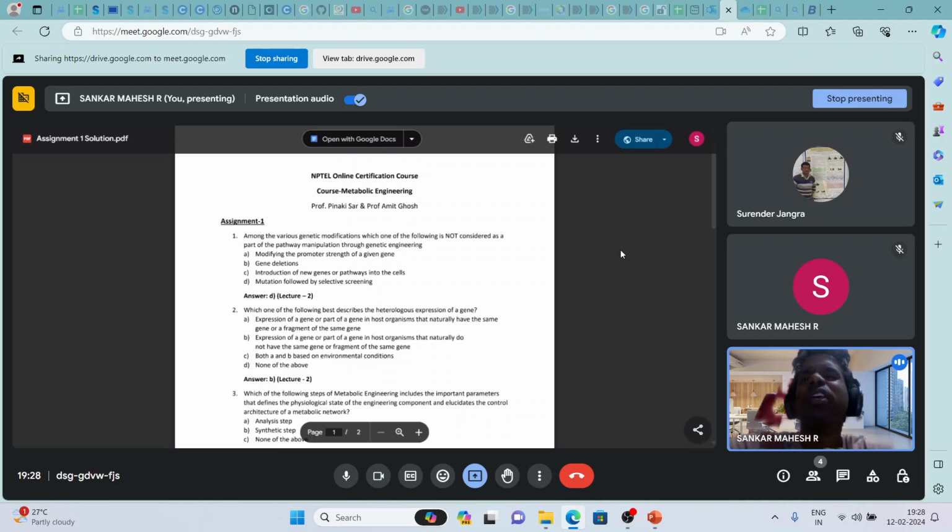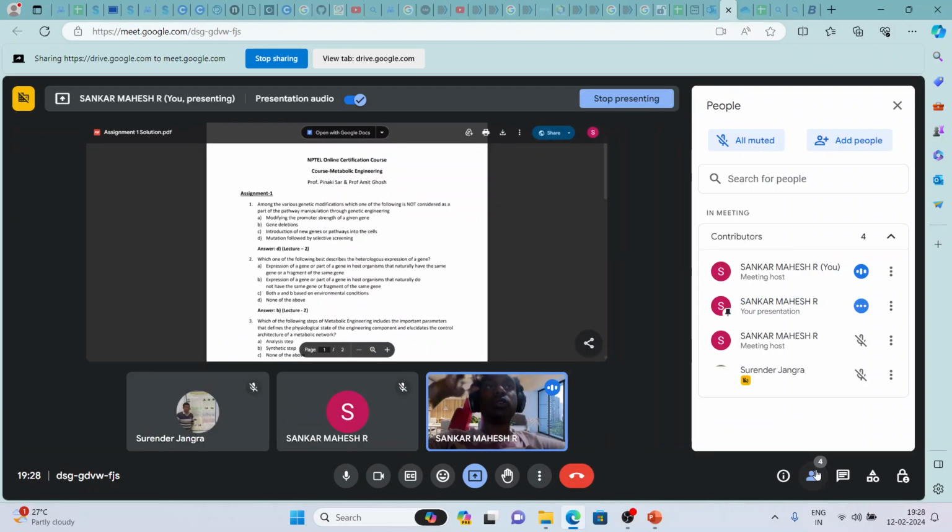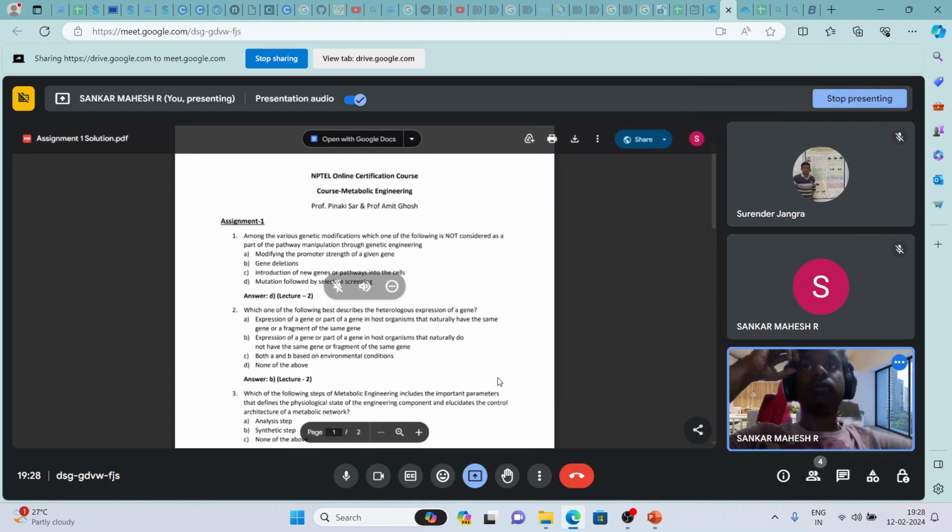Option C, both A and B depending on environmental conditions. This is the question that we had also discussed as a part of our weekly assignment solving session. We had already discussed that it's called heterologous only when the host does not naturally have the same gene or the fragment.